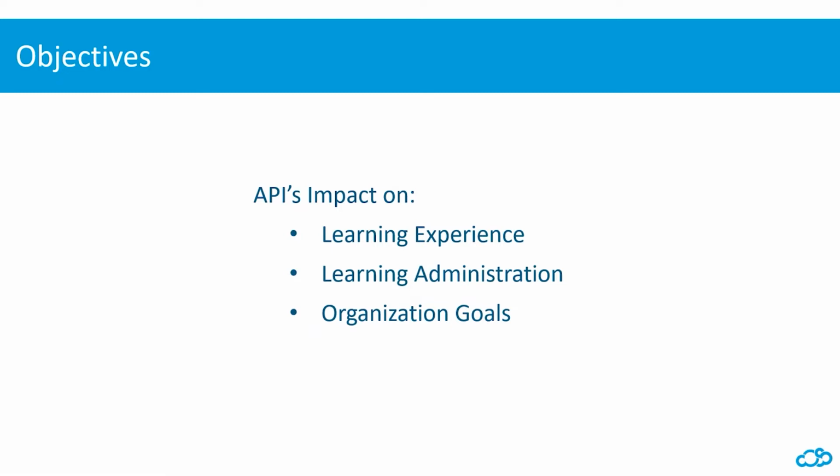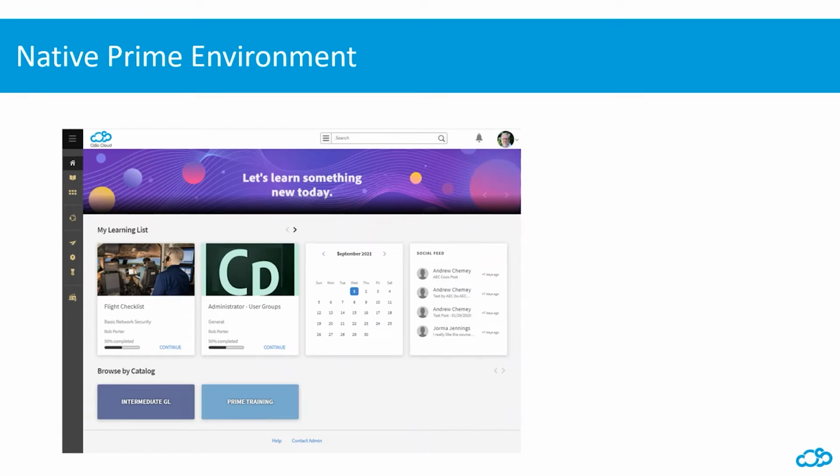Three core pillars. So we'll talk through how APIs can impact those pillars. With that said, I am now going to turn this over to Rob Porter, who is going to take a couple of minutes to walk us through and speak to the native Prime environment.